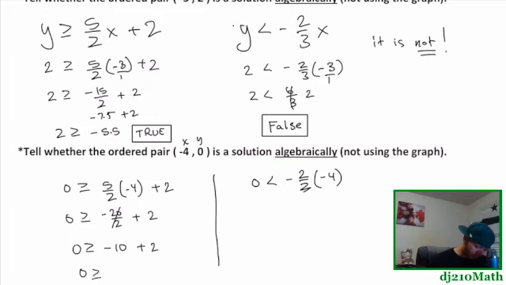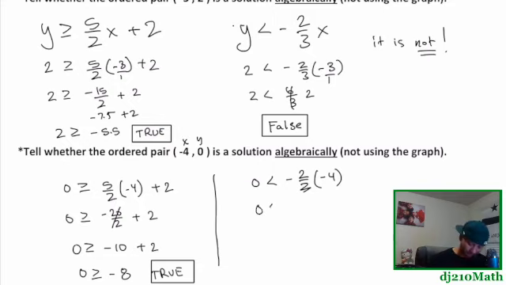So 0 greater than or equal to negative 8. Is that true? 0 is bigger than any negative number. So this is true because 0 is greater than negative 8. All right, on the right: if this is true, (-4, 0) is a solution. If this is false, (-4, 0) is not a solution.